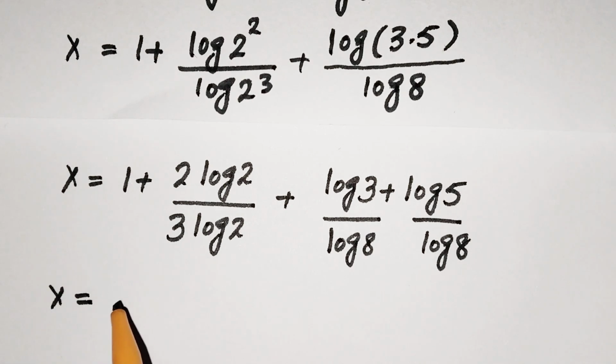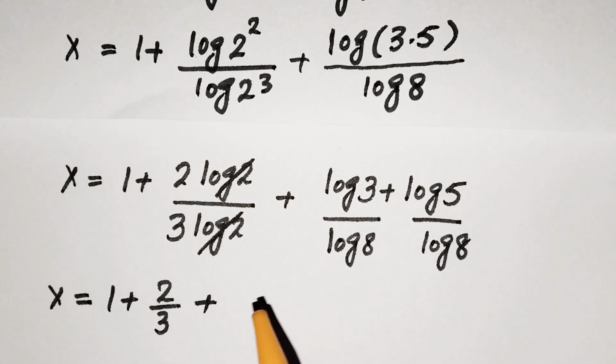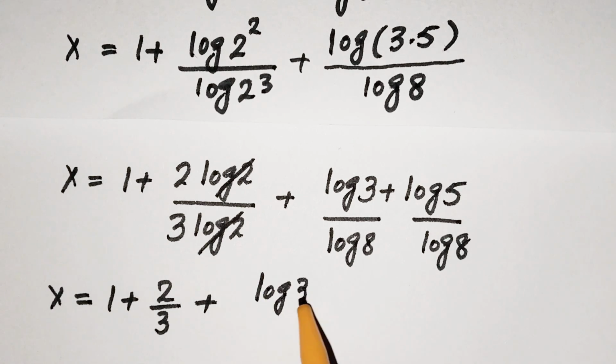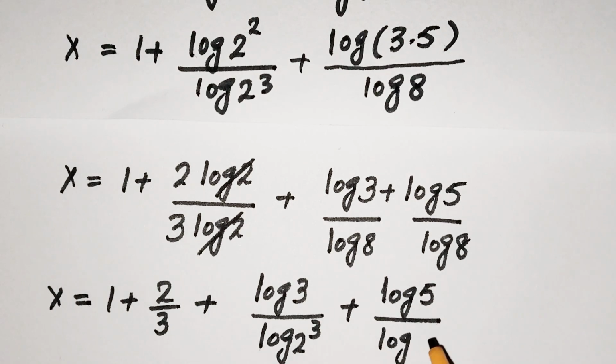Now x is equal to 1 plus 2 over 3, as log 2 can be cancelled, then plus here we see that log 3, and this log 8 can be written as log 2 cubed, which is equal to 8, and similarly we are going to write the same step here, that log 8 is 2 raised to power 3.